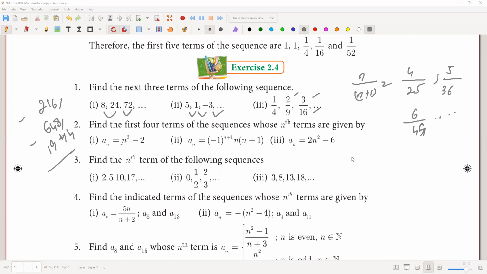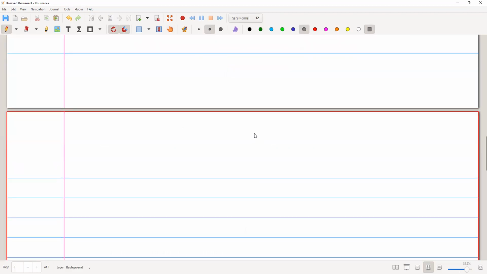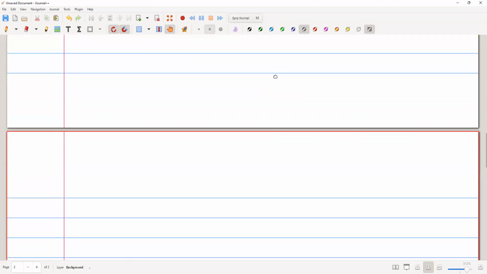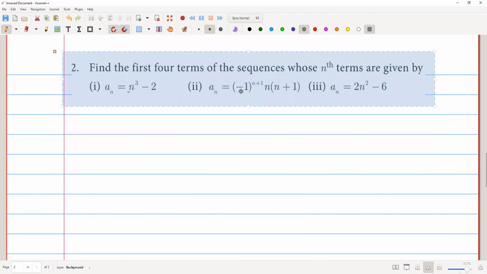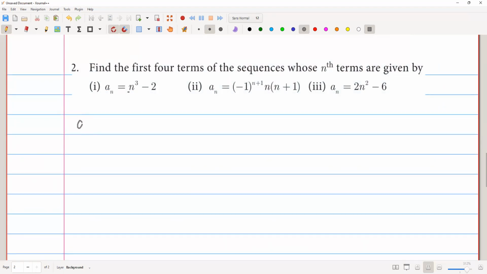1 cube minus 2 is minus 1. Now you got it. You have to be fast. A1 equals 1 cube minus 2; 1 minus 2 is minus 1.